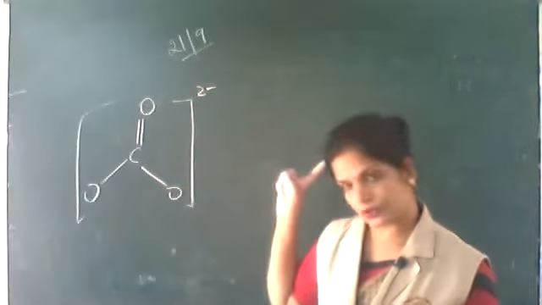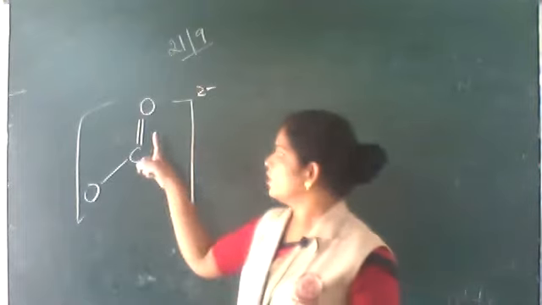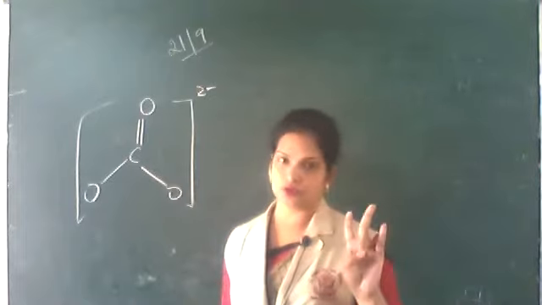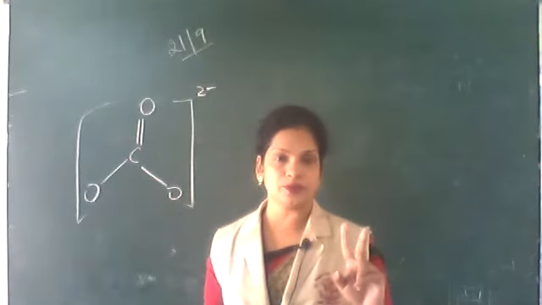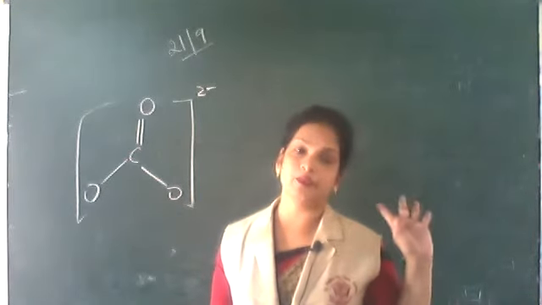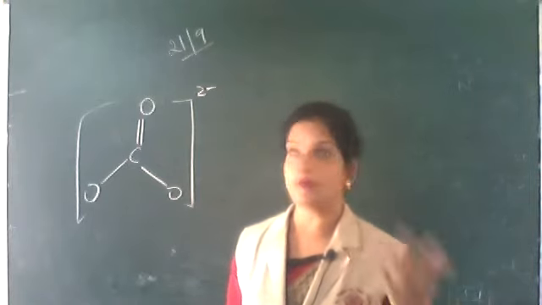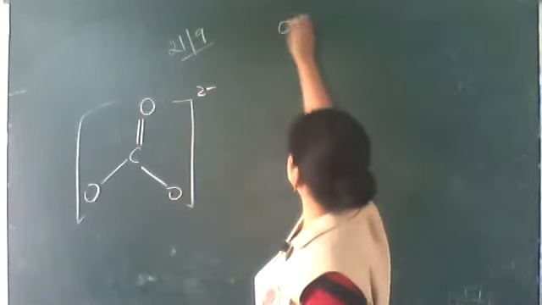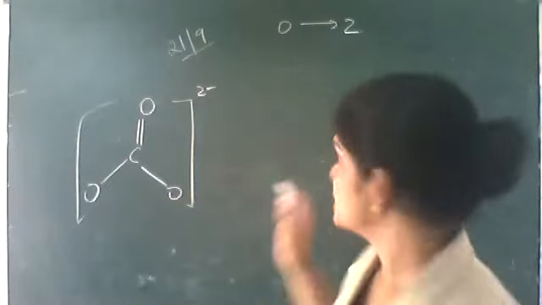The CO3 2 minus. Okay, those 2 minus. Or you learn it this way: oxygen should have 2 bonds around it. We are not showing those electrons. Oxygen should have 2 bonds around it. If more, then plus; if less, then minus.